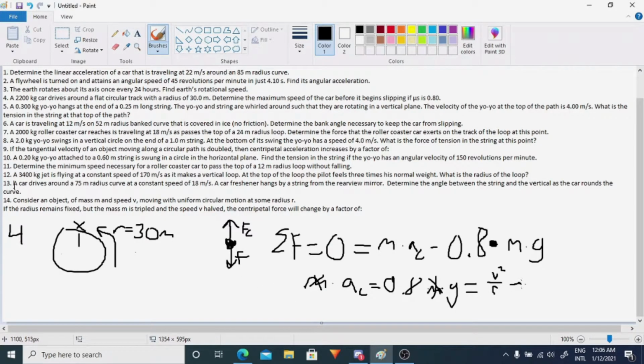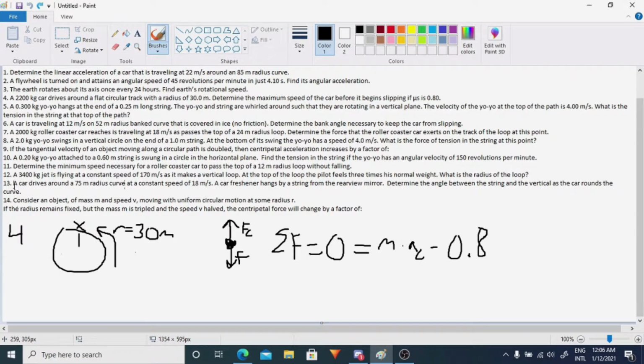I will rewrite this as v squared over r, which we know is 30, equals 0.8 g, with g being 9.8. Once we plug g in and solve the equation, we get v equals approximately 15 meters per second, and that is our answer.